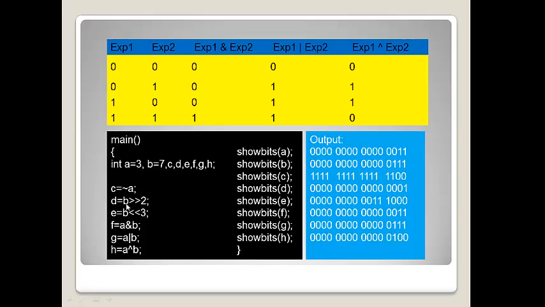D is equal to b right shift a. The value of b is 7, and this is the binary form of 7.